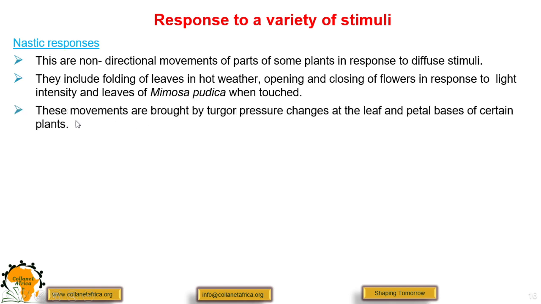These nastic responses are brought about by turgor pressure changes at the leaf and petal bases of certain plants. Turgor pressure is also called hydrostatic pressure, and it is because of water.